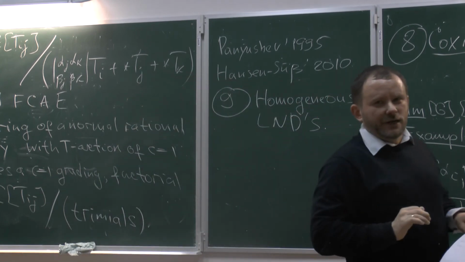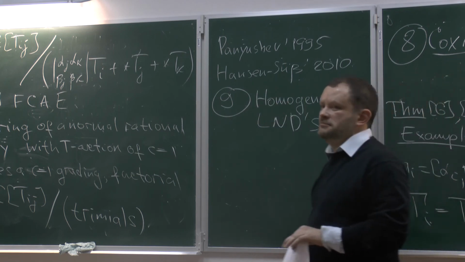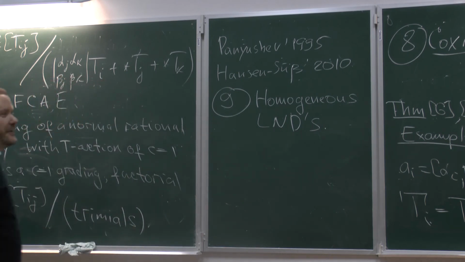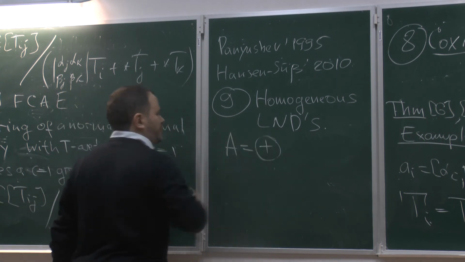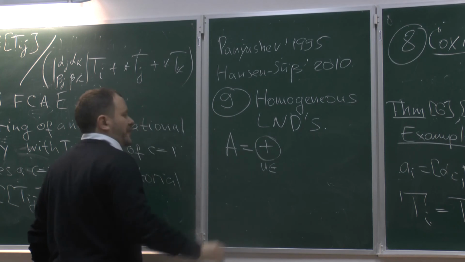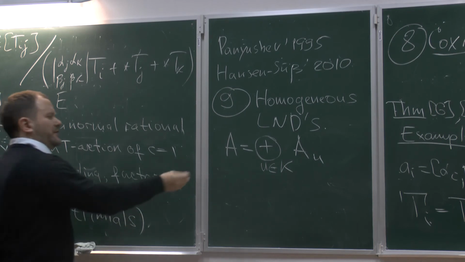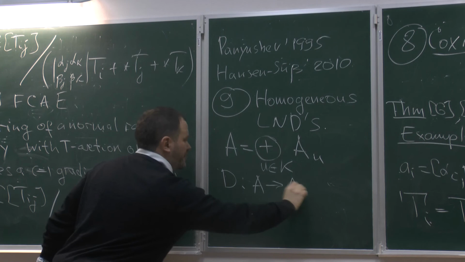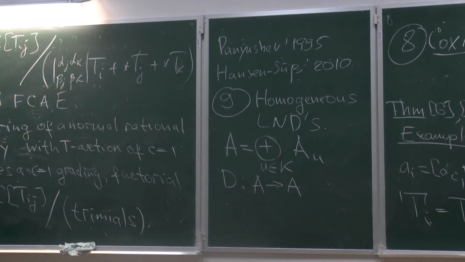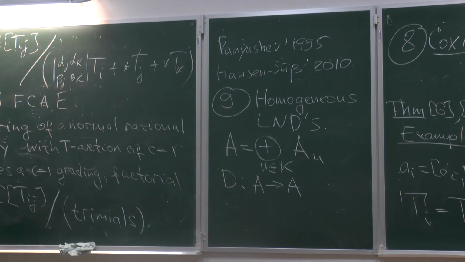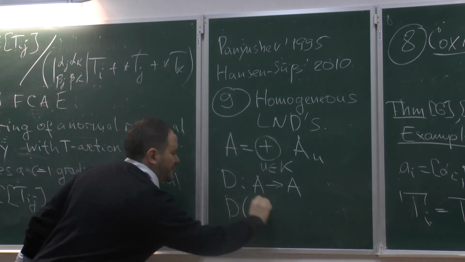It was rather interesting to study the geometry of our trinomial hypersurfaces, say study rationality, but there is an even more fun thing: to study homogeneous locally nilpotent derivations. So we take the algebra of regular functions of my variety, which is graded by some finitely generated Abelian group, and you consider derivations, linear maps which satisfy the Leibniz rule.